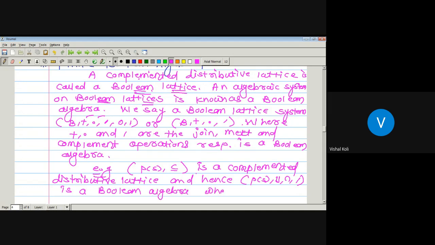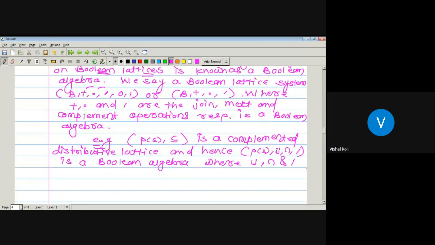Where union, intersection, and this dash symbol are the join, meet, and complement operations. Okay, so this will be an example of a Boolean algebra.